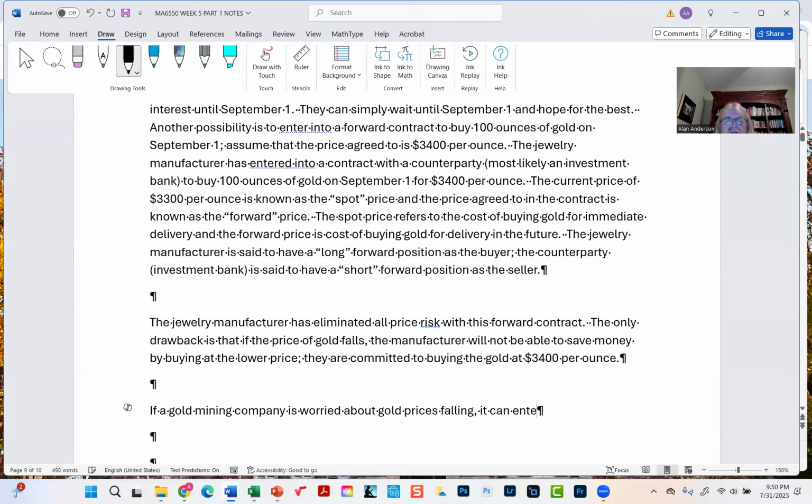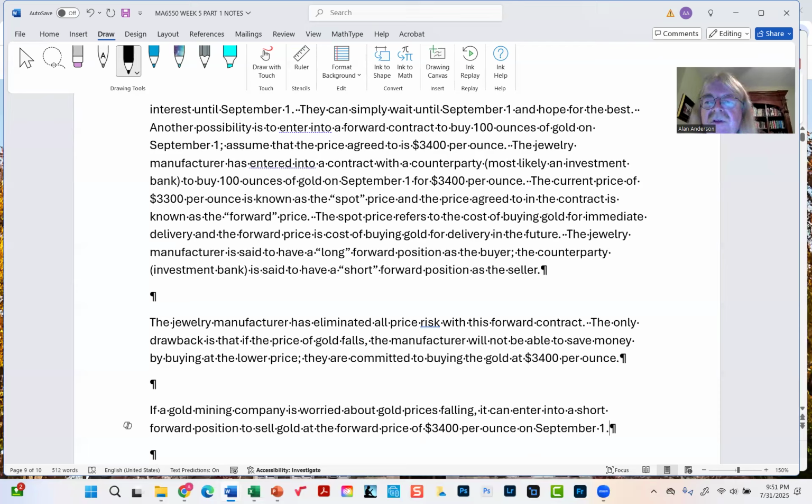Now, if a gold mining company is worried about prices falling, it can enter into a short forward position to sell gold at the forward price of, let's say, keeping the same example, 3,400 per ounce on September 1st. Same thing: the price is locked in. We don't have to worry about it.